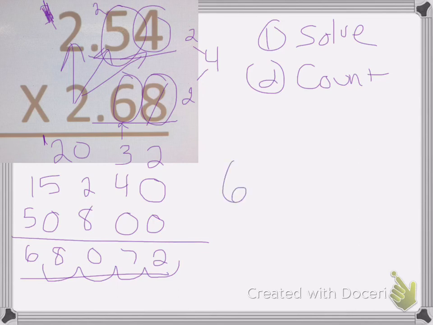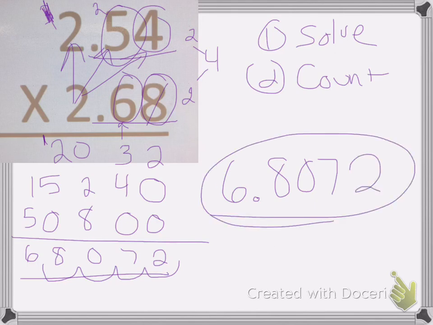So we get 6.8072. Now that is our answer, because step 3 was to put your decimal in. Those were the steps that we talked about in class today.